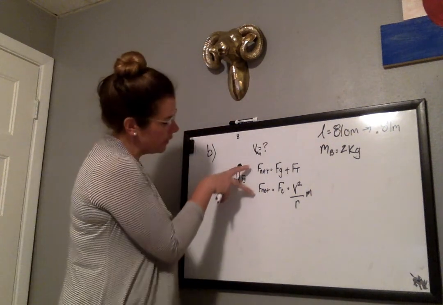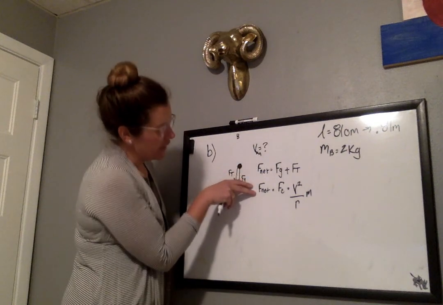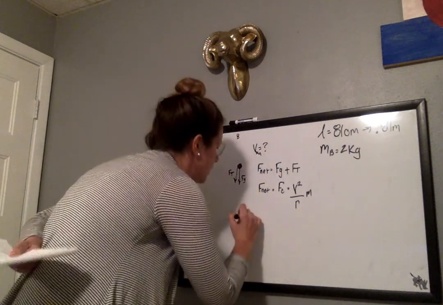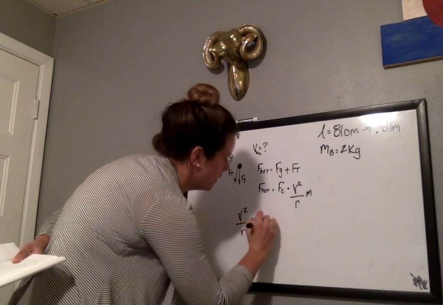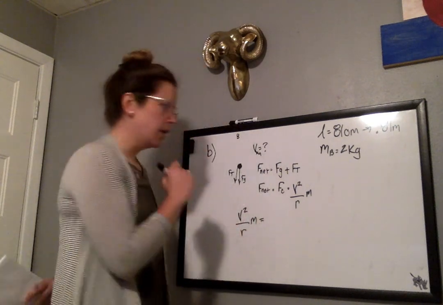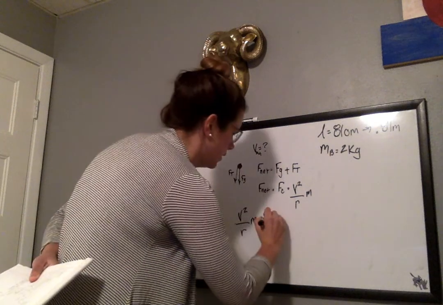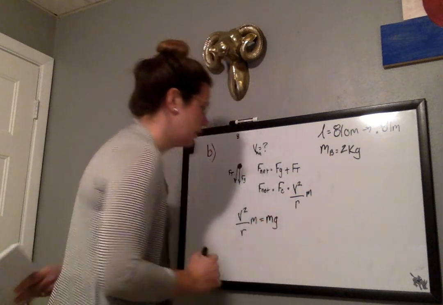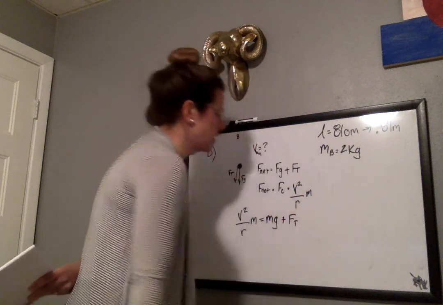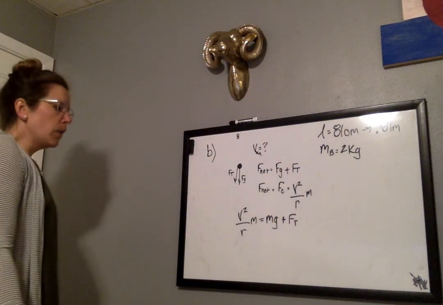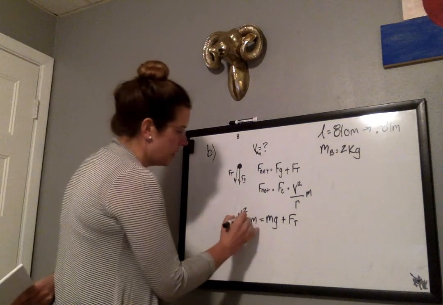Awesome. Now I have two equations for F net. I'm going to set them equal to each other. So now I have V squared over R times M is equal to the force of gravity, which I'm going to rewrite as mass times gravity because it's on Earth, plus the force of tension. We want to find the minimum velocity, though.